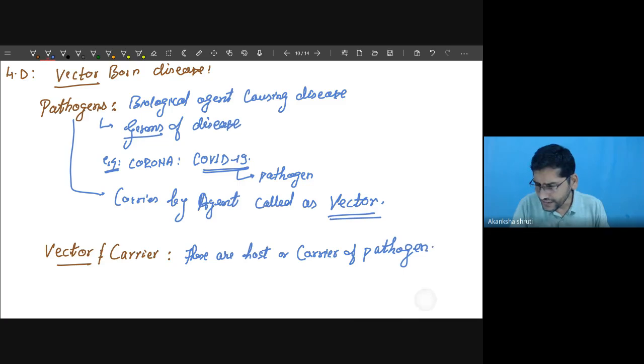It is the pathogen that causes disease, but that pathogen moves from one person to another, or these pathogens are possessed or carried by some carrier. That carrier is called a vector. Are you getting, student? So vectors are what? The host or the carrier of pathogens are called vectors. So these pathogens are basically causing infection.